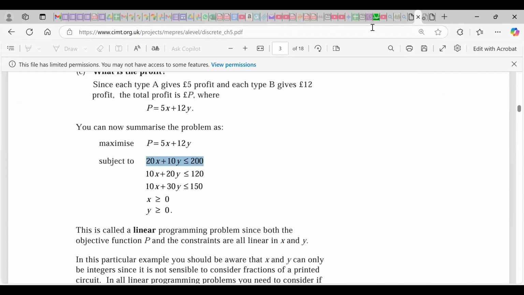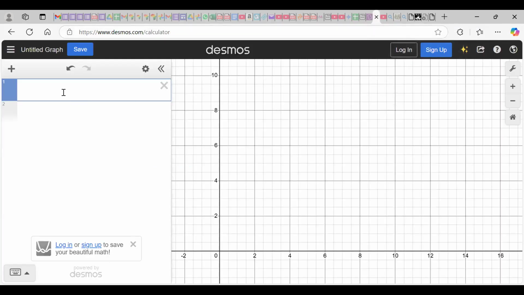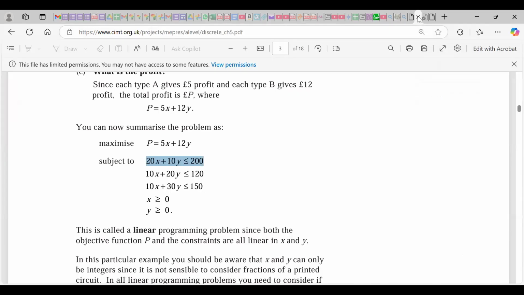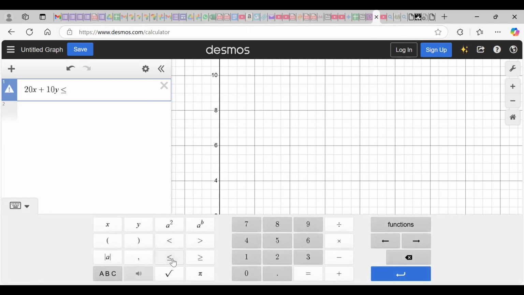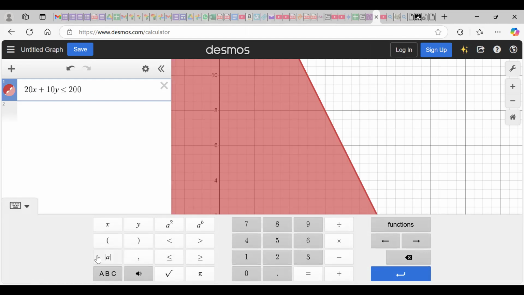Nobody wrote it down. 20x plus 10y is less than 200. That's it there.